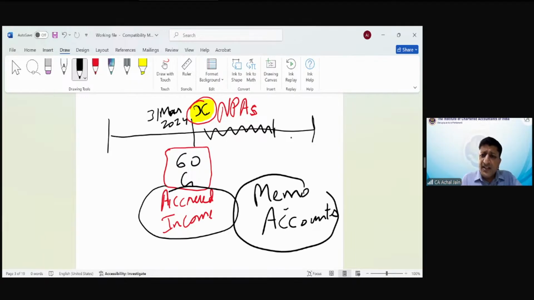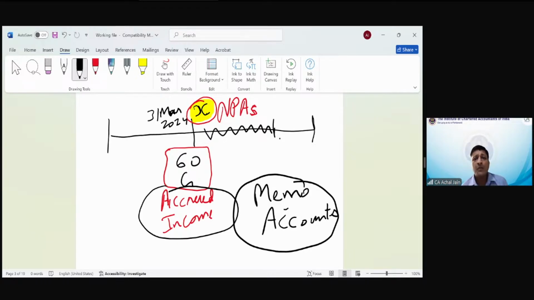You can say these are some sort of rough workings, or a mechanism to keep a record from which it will not flow to the books of accounts. The idea is to keep it away from the books of accounts.